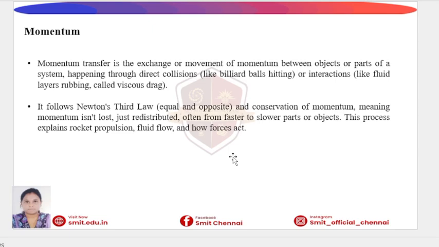And conservation of momentum means momentum is not lost, just redistributed from faster to slower parts or objects. This process explains rocket propulsion, fluid flow, and how forces act. These are all about momentum.